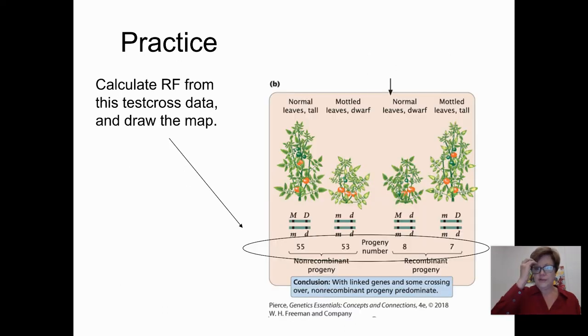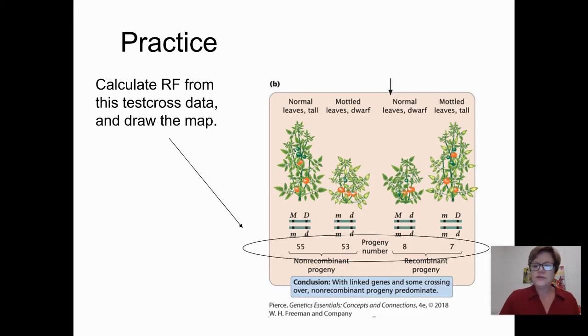All right, so we have a plant example. We're back to this one. If you're going to calculate the recombination frequency from this data set, and it's not a very big data set, you can pause the video right now and see if you can do it on your own, but I'm going to work through it as well.